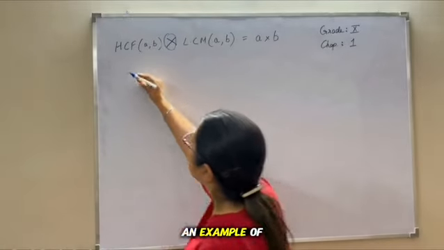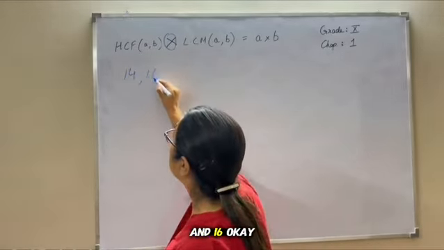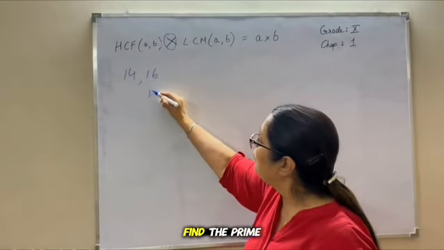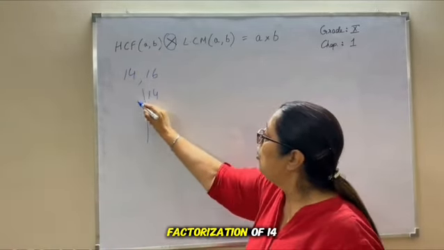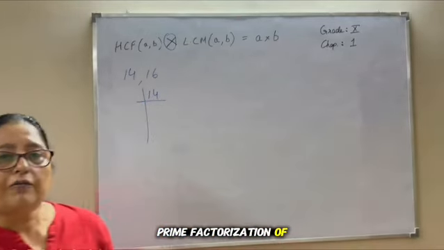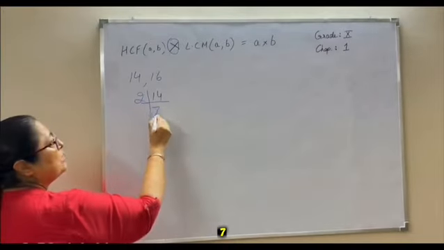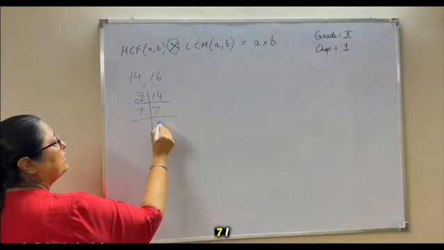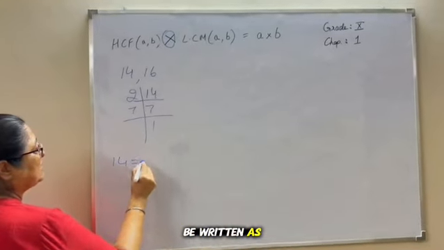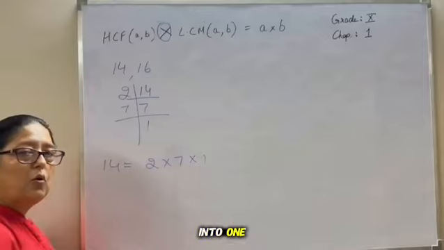Let us take an example of 14, an easy one, and 16. The first step is we need to find the prime factorization of 14 and then the prime factorization of 16. 14 divided by 2 is 7, 7 divided by 7 is 1. So 14 can be written as 2 into 7 into 1.